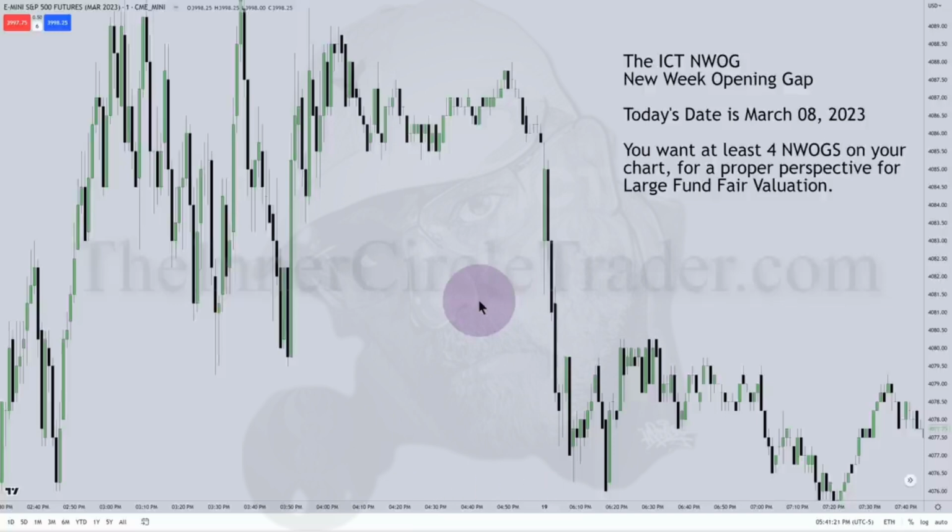You want to have at least a minimum of four new week opening gaps on your chart for proper perspective of large fund fair valuation. I like to have 5 because it keeps a dynamic full month's perspective, which gives you a little bit of an overlap, not just the blanket 4 weeks look back.